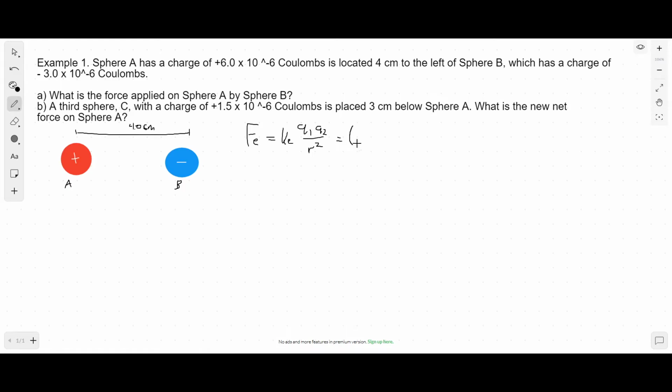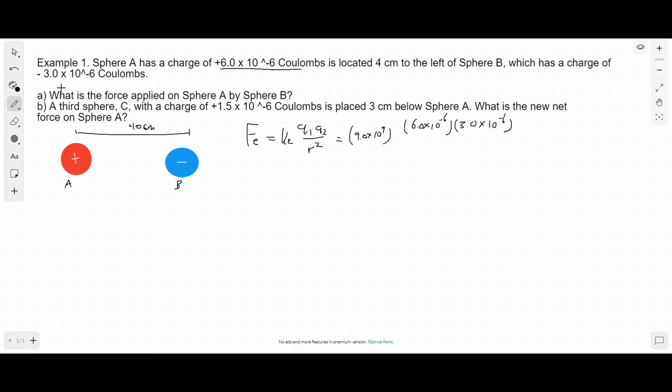So Ke is 9.0 times 10 to the 9. This is a constant. The charge of sphere A is 6.0 times 10 to the negative 6. The charge of sphere B is 3.0 times 10 to the negative 6.